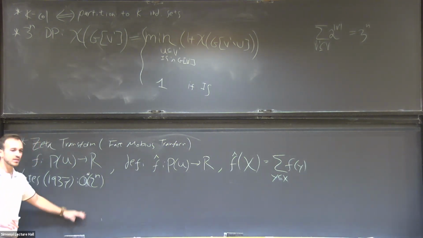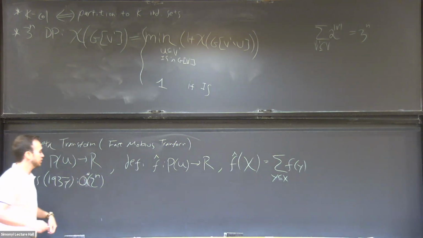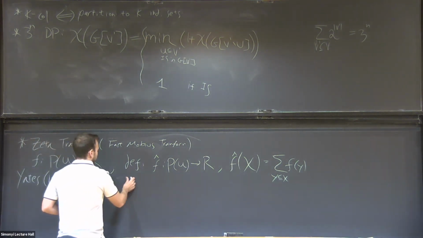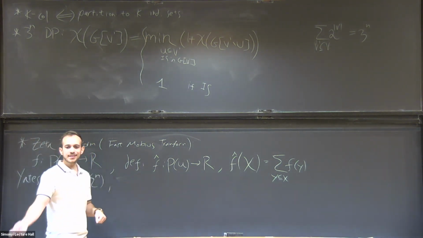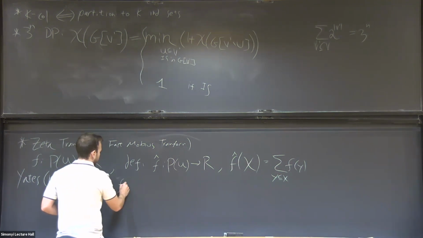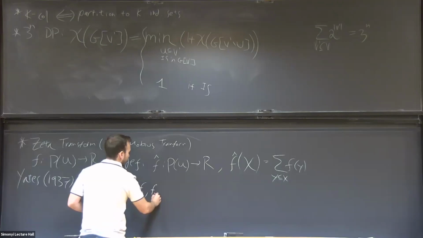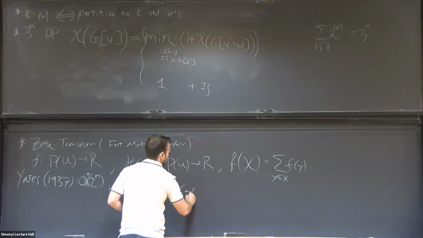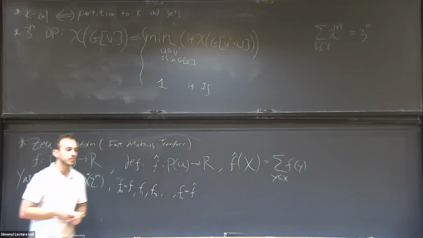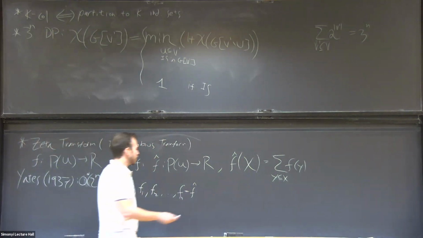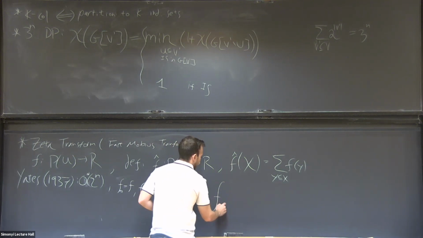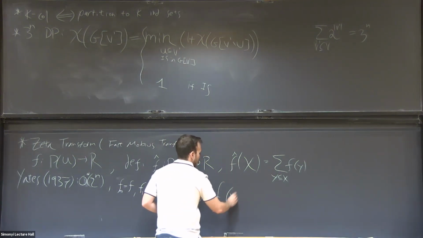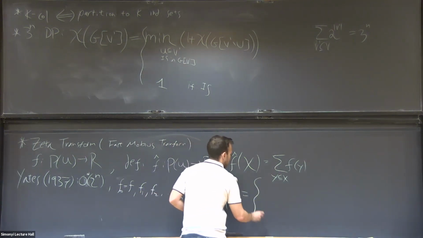Can people still see this article? Okay, so we're going to compute a sequence of functions. The 0 function is just f, and we'll compute f1, f2, up to fn, such that fn will be what we want to compute. The way we do that is by defining fi of x.